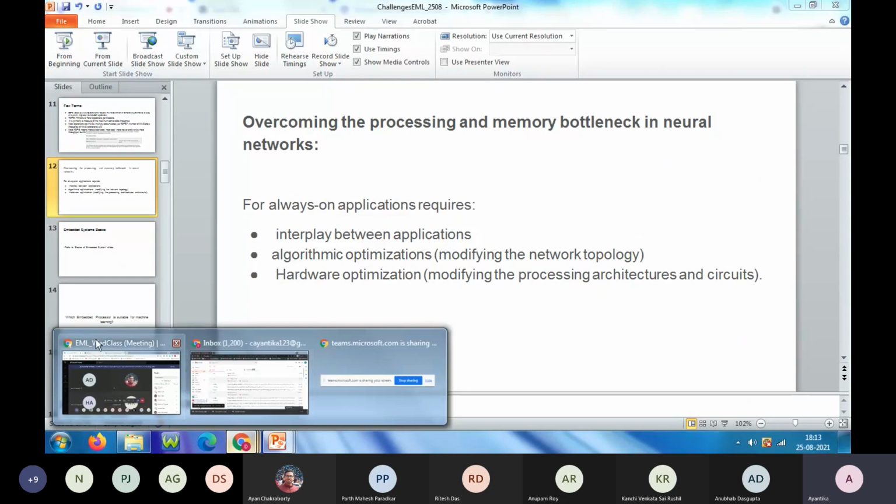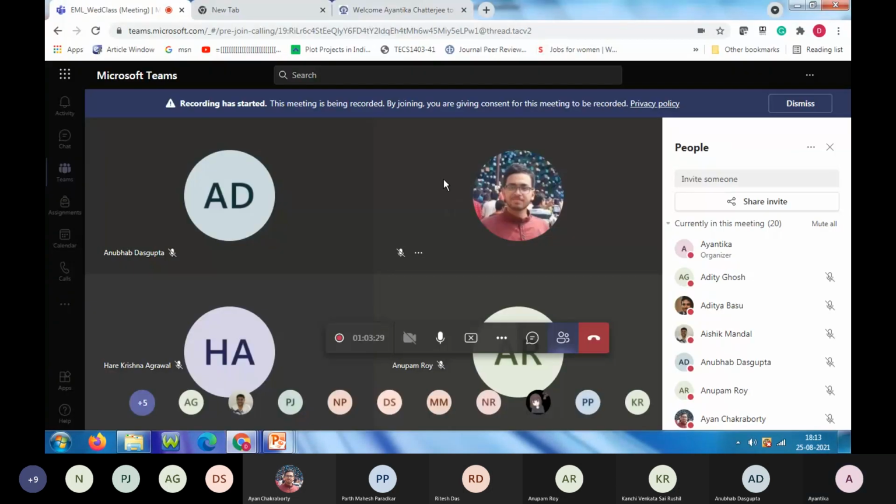Before that, how many of you have done some DSP courses, signal processing? Yes, ma'am. So you have the concept of the Fourier transform and the signal in signal processing. One typical requirement is this type of multiplication, FFT multiplication.